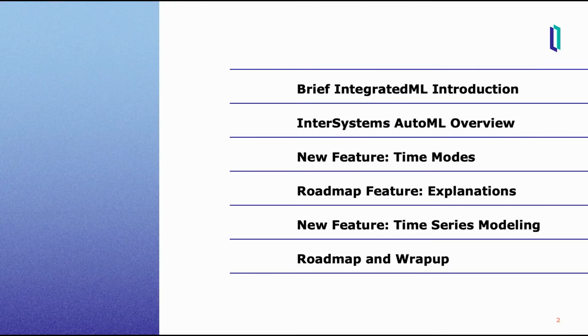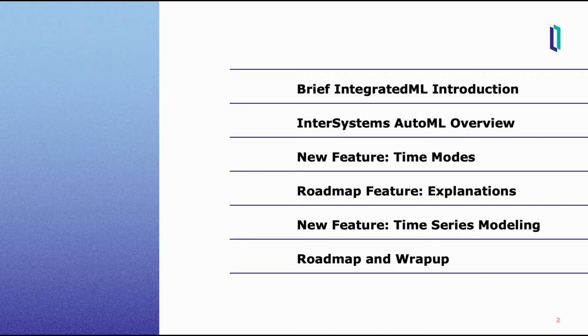Okay, so the overall agenda: I'm going to recap what IntegratedML is, just in case you don't know, and it's the first time you're hearing about it. We have a new feature coming out about managing the timing of training in one of our providers, one of the engines. And we're going to talk about something that will be coming out in the future.